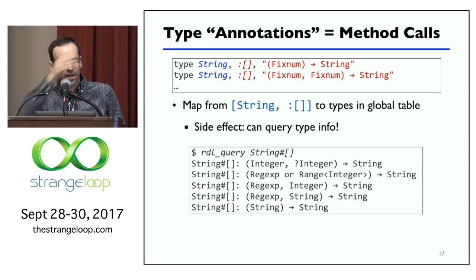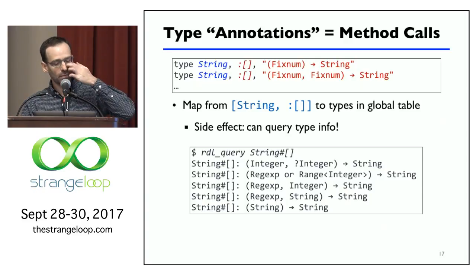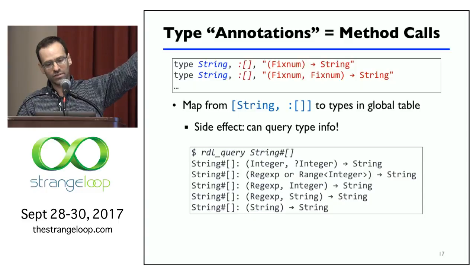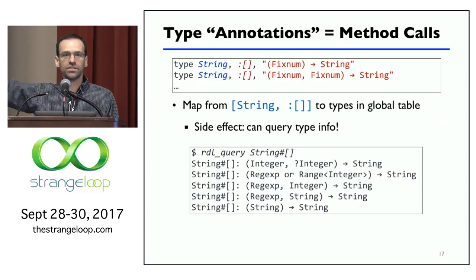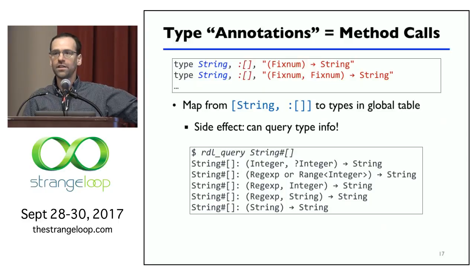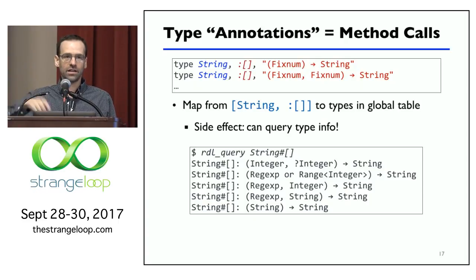When I say type string, et cetera, all that's doing is storing in a global table a mapping saying the string slice method has this list of types. So there's just a global type table. And that's why I could do that funny thing with rdl_query. All that's doing is loading up the Ruby environment, loading in the types, and then going through that table and spitting out the data. So these type annotations are method calls.